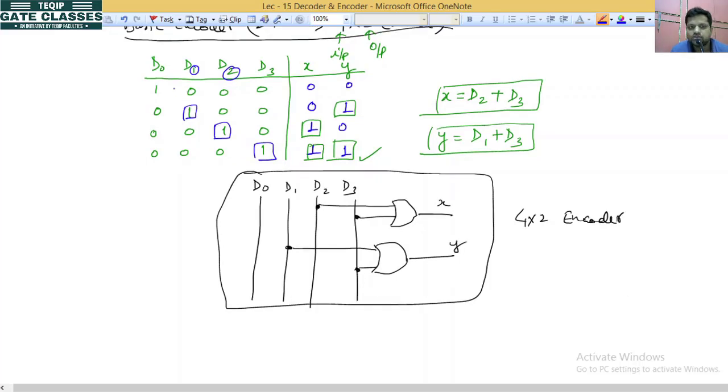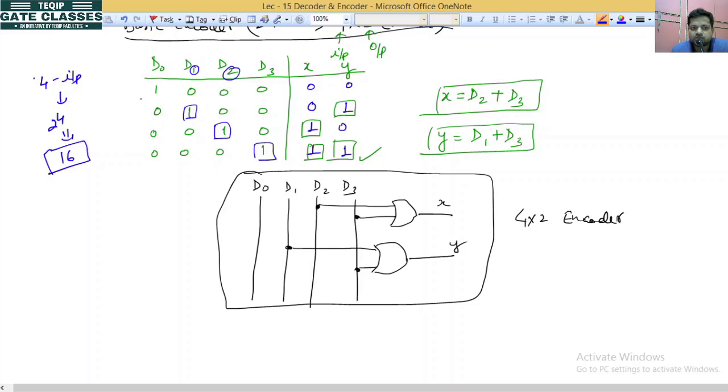If you see in this basic encoder, we have two problems here. First of all, we have 4 inputs. So with 4 inputs, how many combinations will be there? 2 to the power 4 combinations. Hence it has 16 combinations.